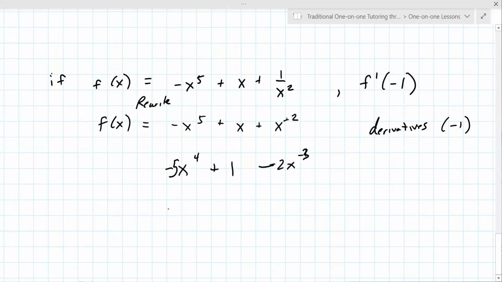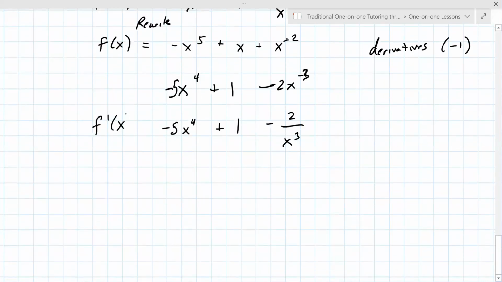Yeah, and then you plug in the -1. Now I would probably rewrite it before I evaluated it, or as I evaluated it, so that I put the -1 in the right spot and didn't misinterpret what it means. Okay.